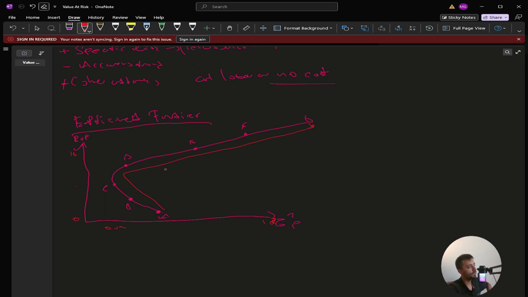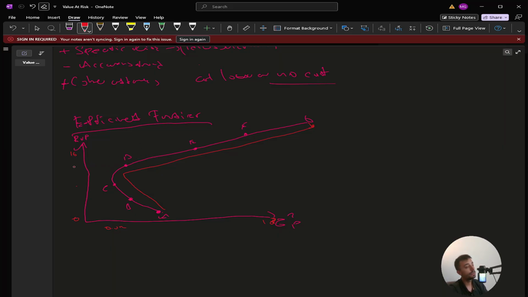This is our efficient frontier, representing the purple curve passing through C, D, E, F, G. This is our efficient frontier.